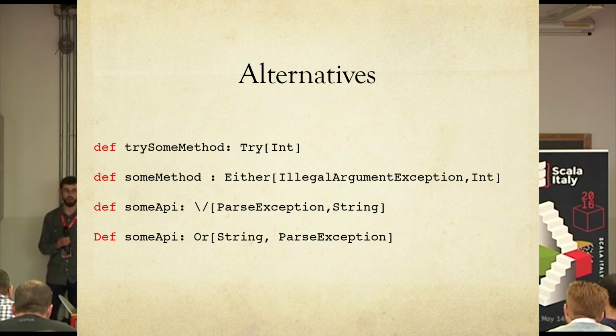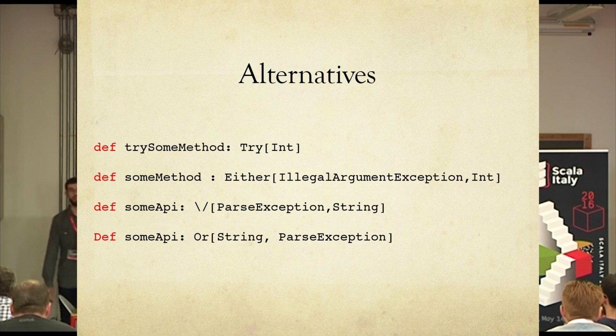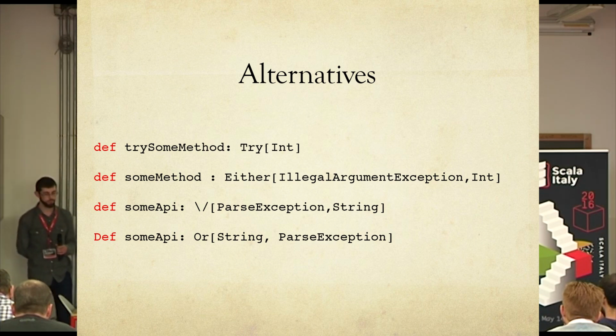Apart from Try and try-catch, there's a host of other alternatives for error handling in Scala. It's important to consider all these because at Workday we're starting to produce a style guide, and our style guide will need proper recommendations for how to handle errors. The main ones are Either and Scalaz disjunction.